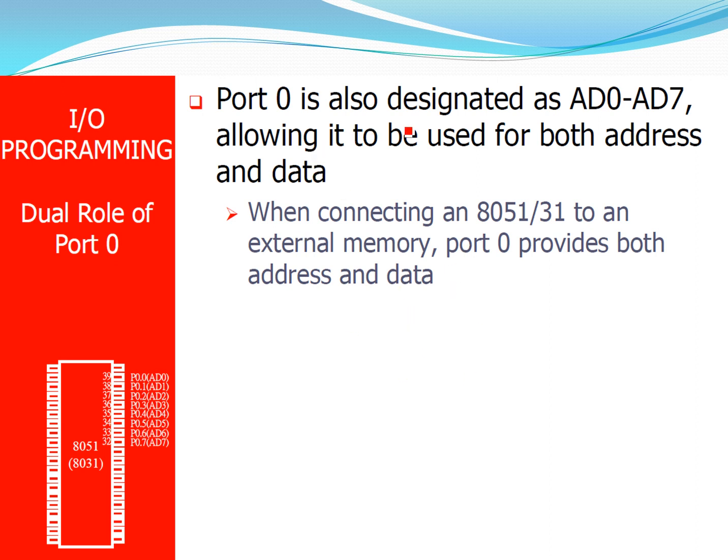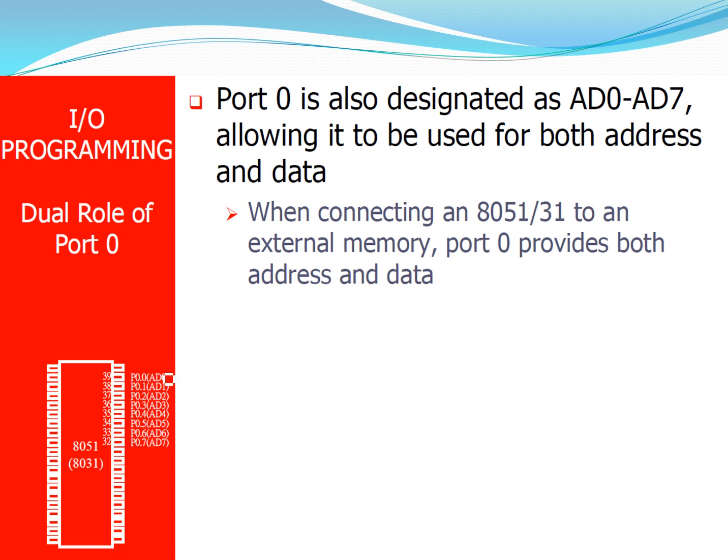Port 0 is also designated as AD0 to AD7, allowing it to be used for both address and data. As you can see here in the pin diagram, pins 39 to 32 represent port 0, that is P0.0 to P0.7. So it has a dual function.